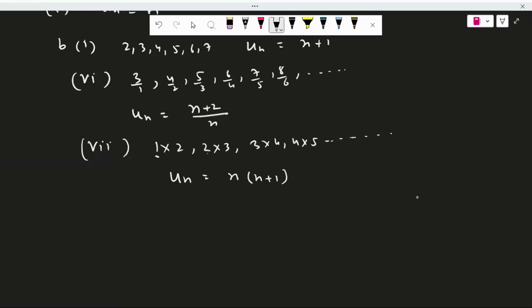That would not be wrong, because that will give the same thing. But in that case, you have to write the sequence by multiplying both the factors, meaning 1 into 2, 2 into 3, 6, 12, and so on.